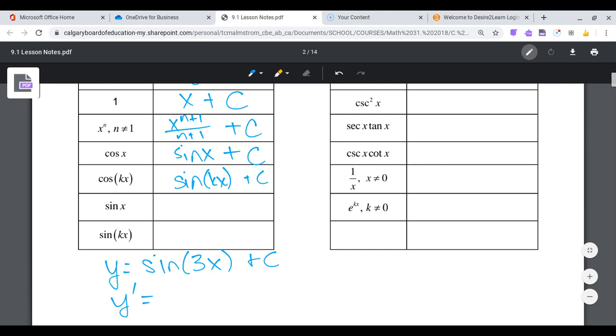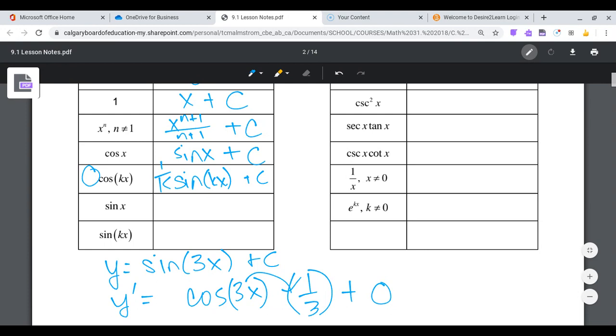Well, the derivative of sine is cos 3x, the same argument, but remember, don't forget your inner derivative, we would multiply by that inner derivative, 3, plus 0 would be the derivative of c. So we need to add in a 1 on k in front there to make it so that we would have no coefficient on the actual derivative.